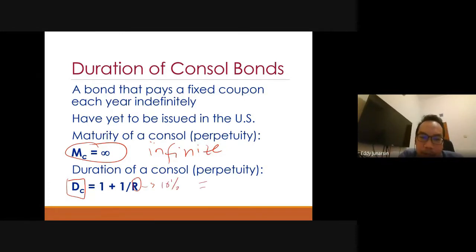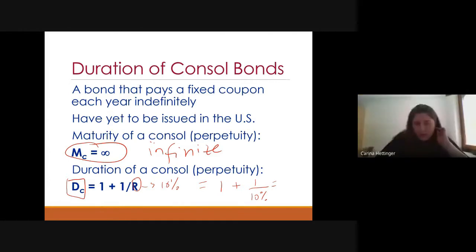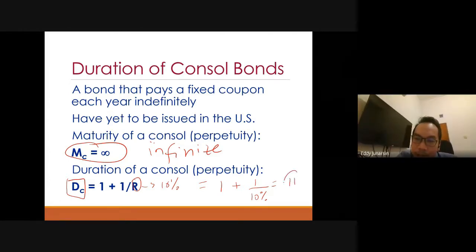So you could estimate the duration as 1 plus 1 divided by 10%. So how much is it? 1 divided by 10% is what? Is it 11 or 10? Yes, the duration is 11. The duration is 11 years. So although the maturity is infinite, the duration is 11 years.